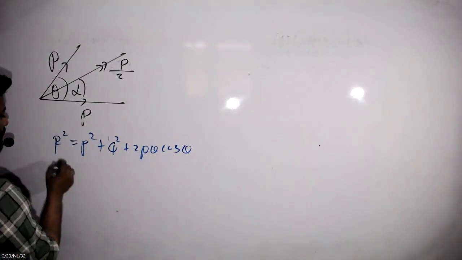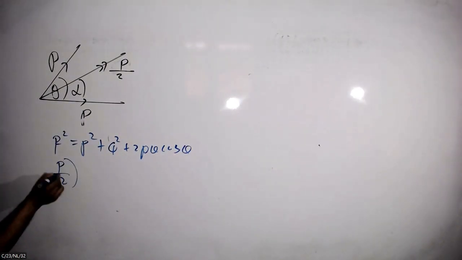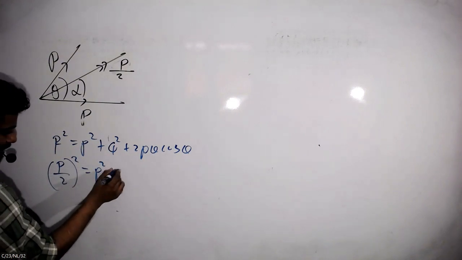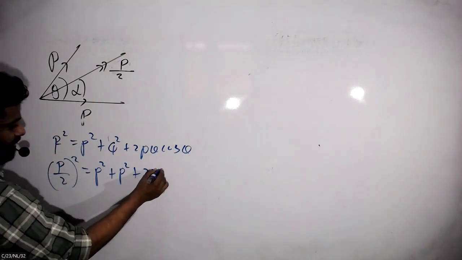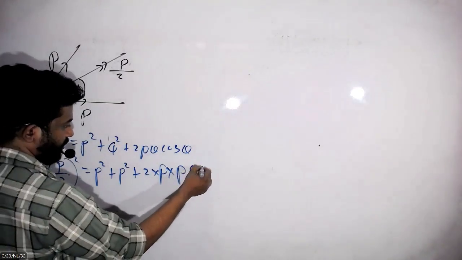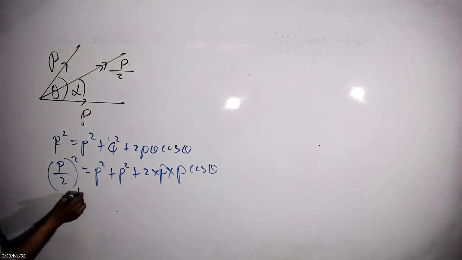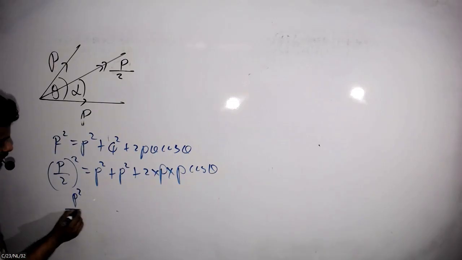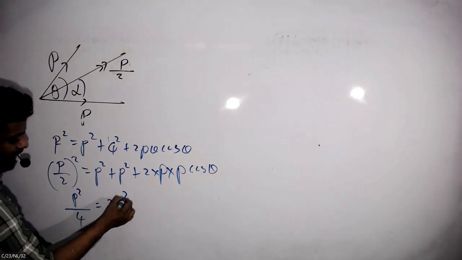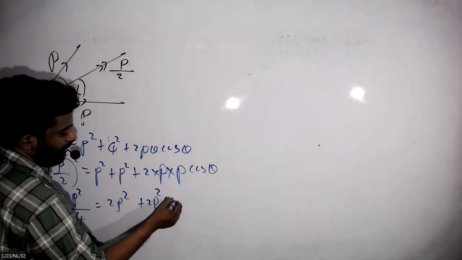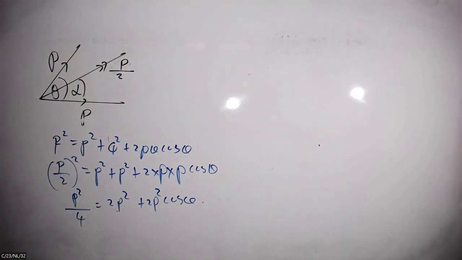This one is P over 2 squared, then P squared plus P squared plus 2 P squared cos theta. This one is P squared over 4 equals 2P squared plus 2P squared cos theta, right?